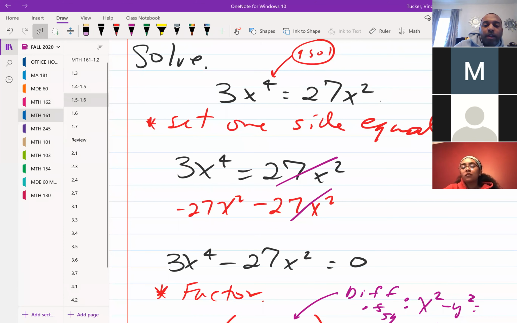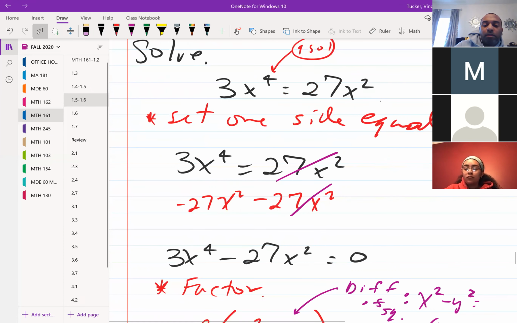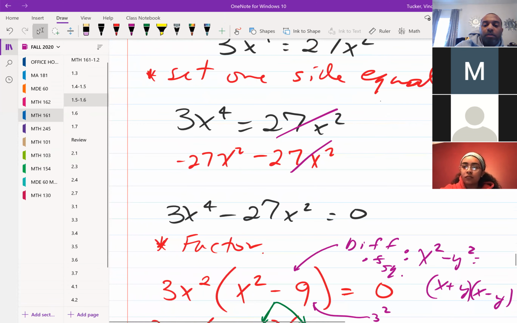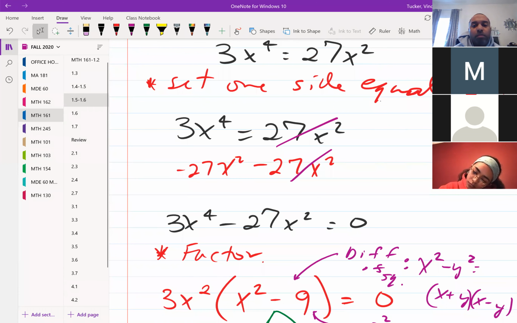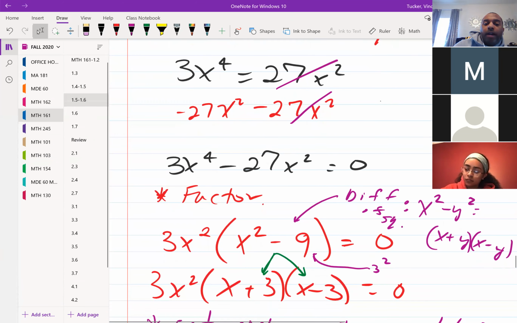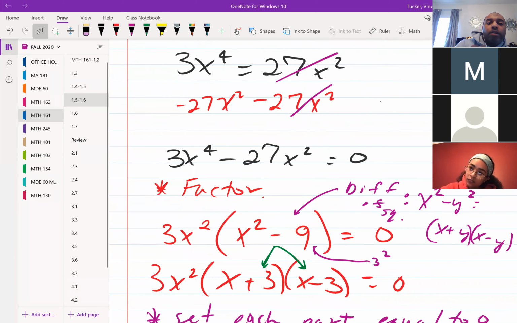Now we can factor that. Did you get a chance to write before I keep going? All right, if we factor it, we can factor out 3x squared from each term as a GCF.